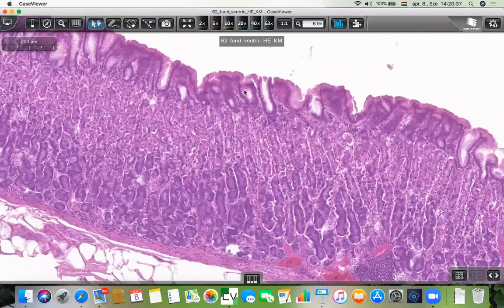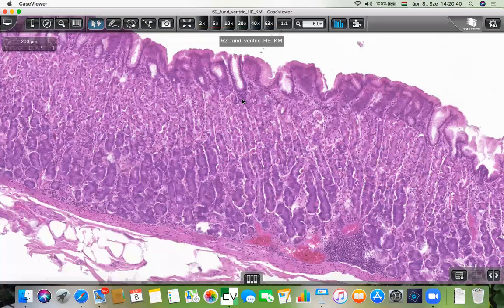So look at that. This is the gastric pit, and underneath this area is the gastric gland. This is the gastric pit, the entrance of the gastric gland, and then there is a tubular gland going down to the muscularis mucosae. So there is a long tube-like structure having different parts.